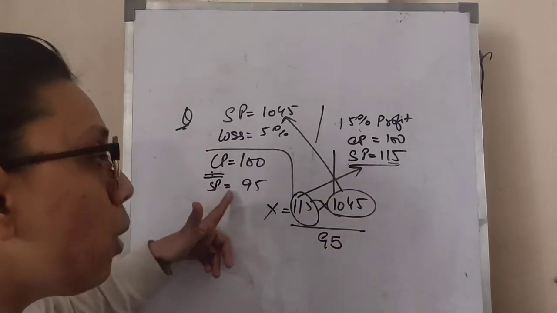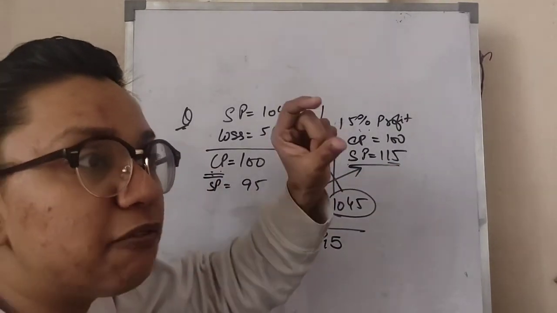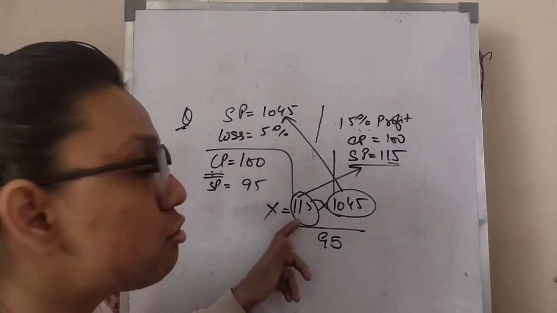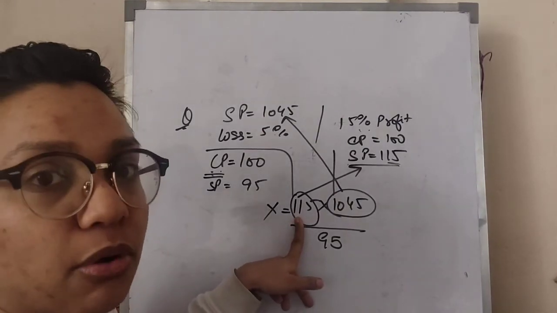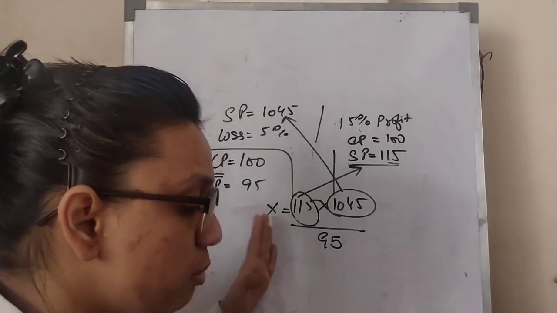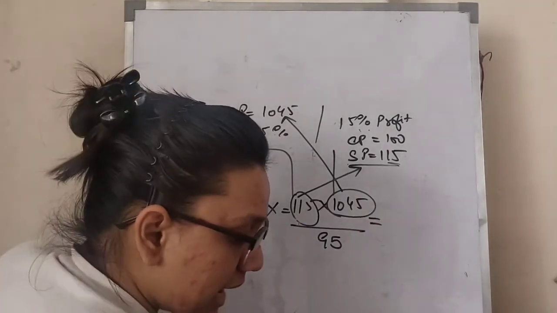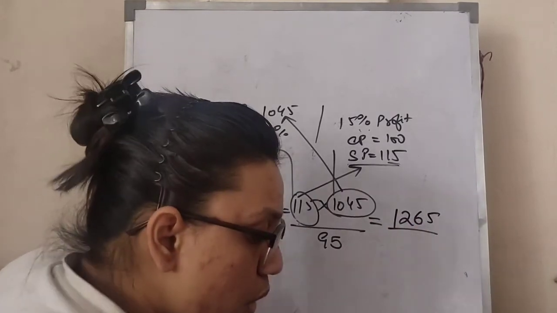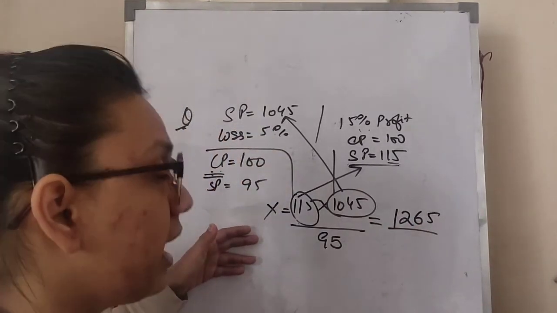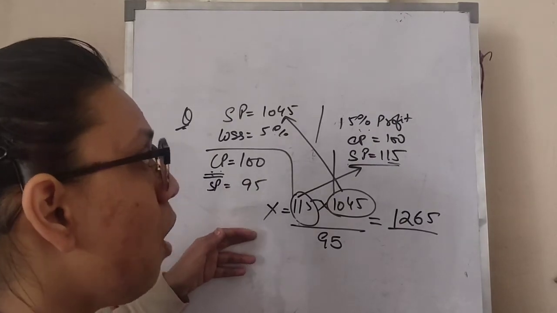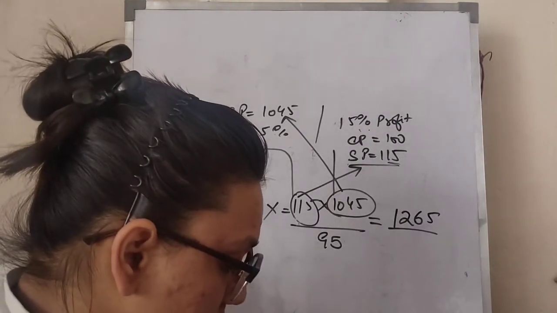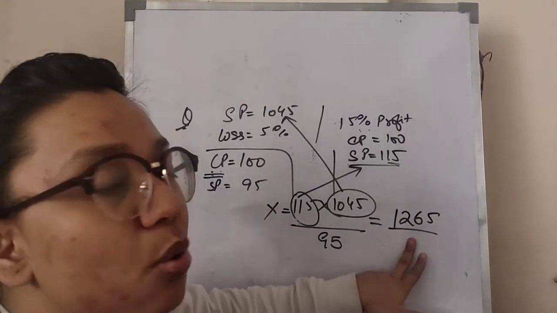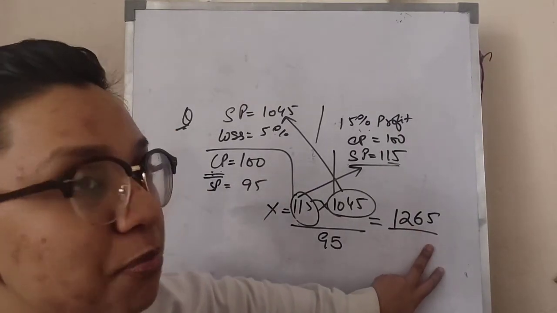See here, I took the 5% loss, and I also have taken the 15% profit altogether. So this will be calculated, and my final answer becomes 1265. So this is my new price, or according to the question, the price at which the article should be sold: 1265.